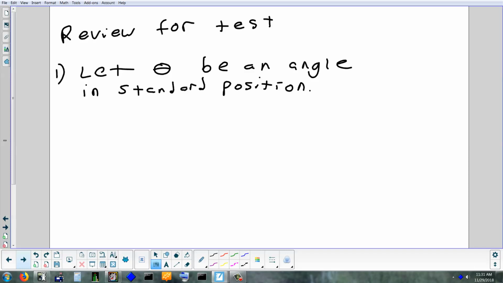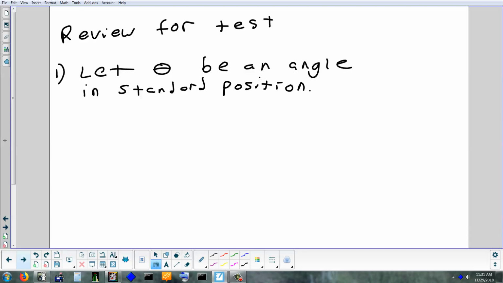All right, I want you to tell me what quadrant theta is in, and I'm going to tell you a couple facts about theta. I'm not going to tell you how many degrees it is.